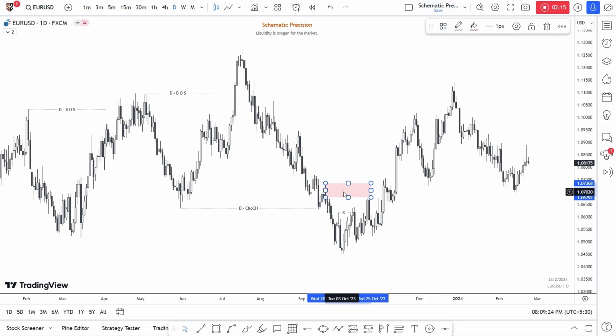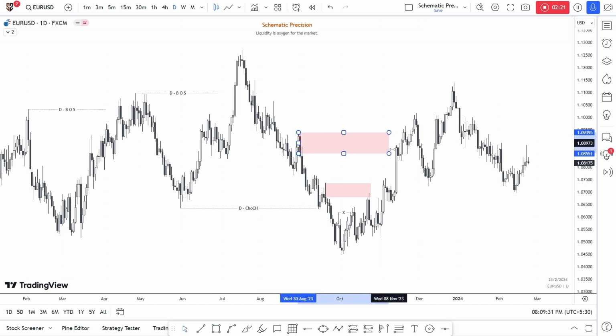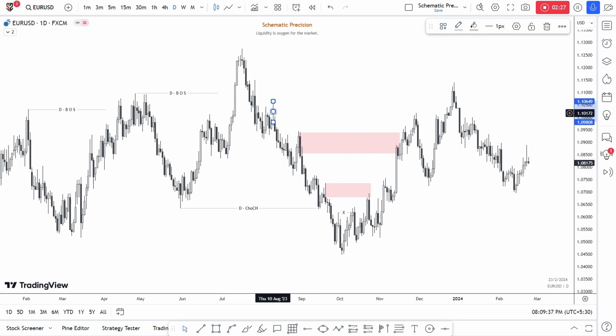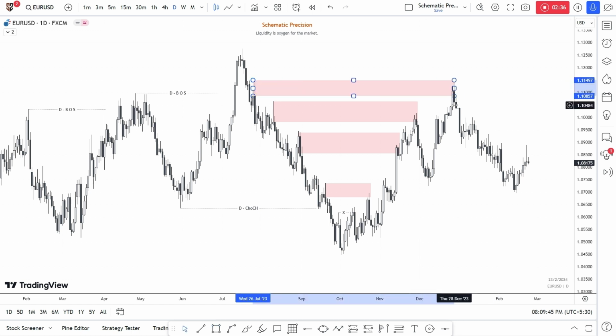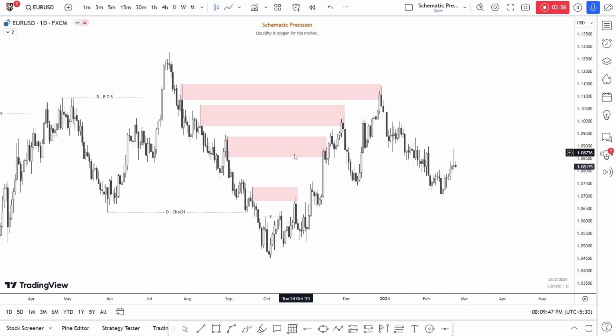This is the decisional POI, and the multiple POIs people mark, one POI is this for the SMC traders. One POI is this. One POI will be this. As you can see, every POI will give a small reaction or a little bigger reaction.